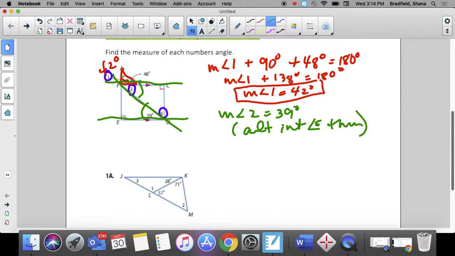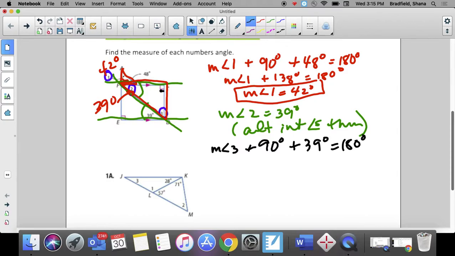And for angle 3, I have a couple of things I could do. One of which is I could take the measure of angle 2 that I already have. We just found that out to be 39 degrees. And it is part of the right triangle here that has angle 3 in it. So according to that, the measure of angle 3 plus our right angle, which is 90 over here, plus angle 2, which we said was 39 degrees, has to equal 180.